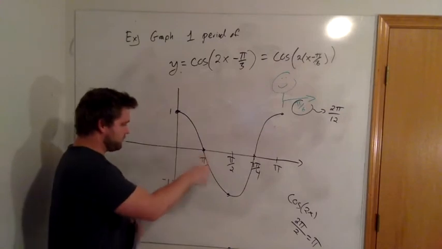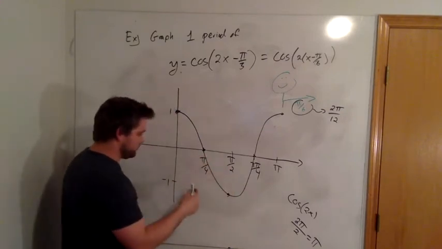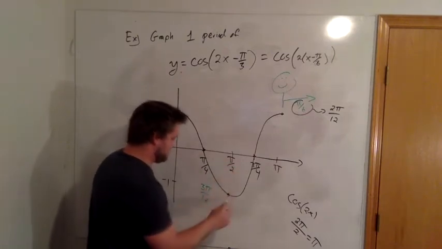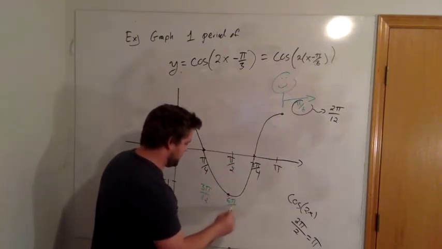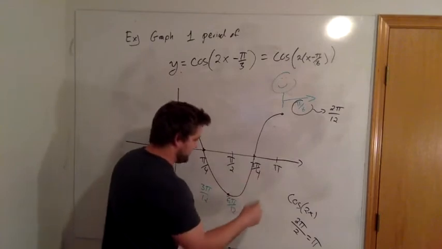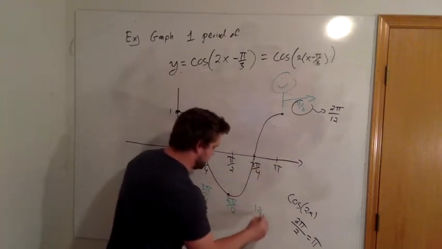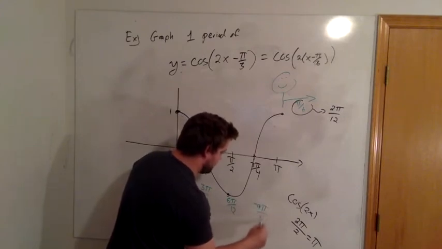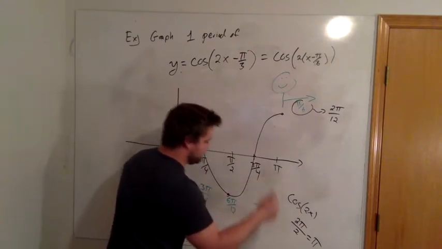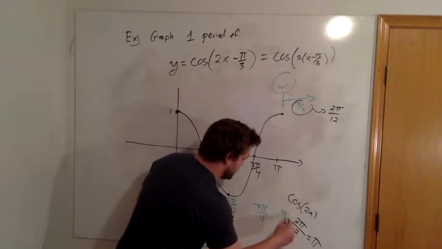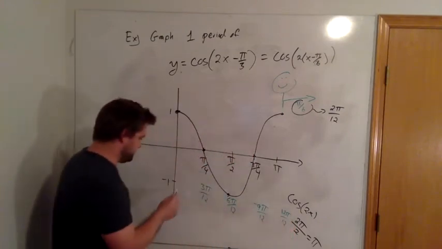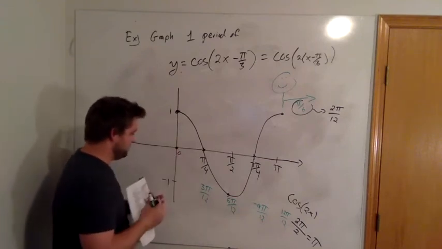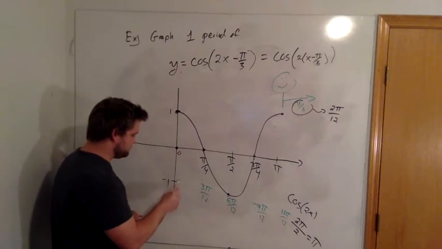Multiplying by 3 over 3, the best trick in the math book, cleverly multiplying by 1. 3 pi over 12, multiplied by 6 over 6, we get 6 pi over 12. Multiply by 3 over 3, I'm going to get 9 pi over 12. And what will that be? 12 pi over 12. And don't forget the 0 right here. We still have the 0. We'll just keep that as 0.